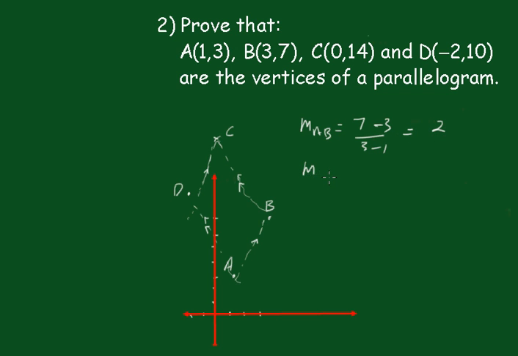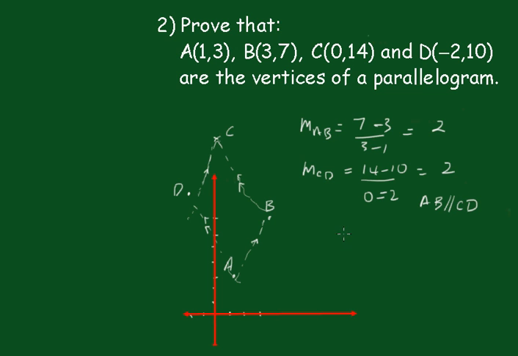The gradient of CD, this one here, is going to be 14 minus 10 over 0 minus negative 2, and again that's going to give me 2. So we can say that AB is parallel to CD.